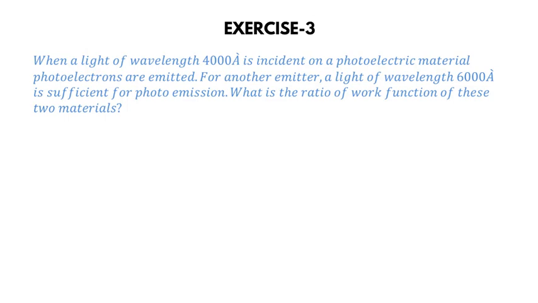In exercise 3, when a light of wavelength 4000 angstrom is incident on a photoelectric material, photoelectrons are emitted. For another emitter, a light of wavelength 6000 angstrom is sufficient for photoemission. What is the ratio of work function of these two materials? We have phi equal to hc upon lambda naught.